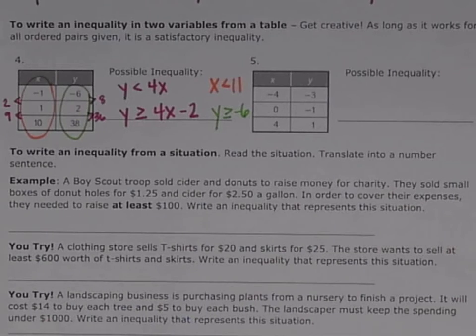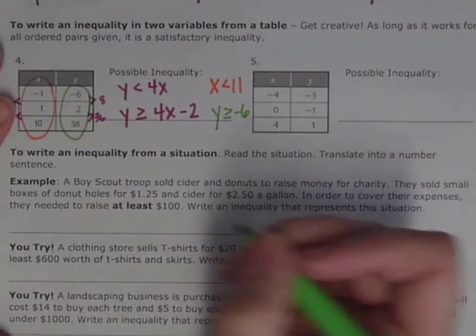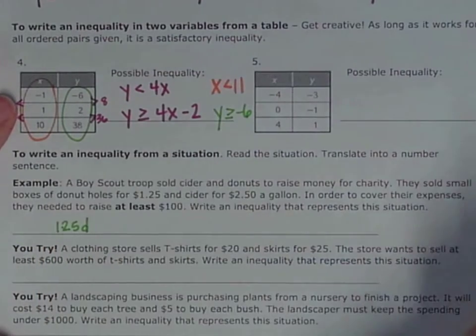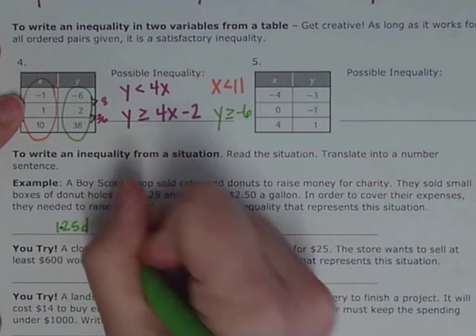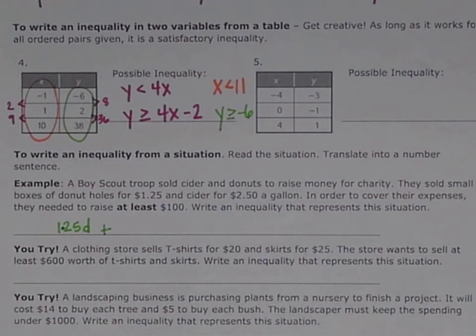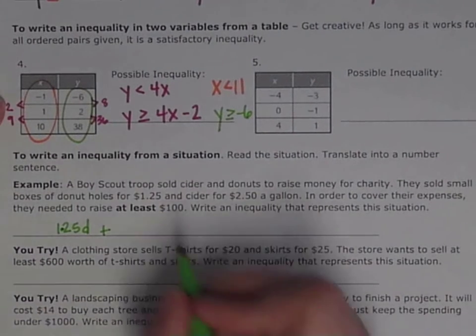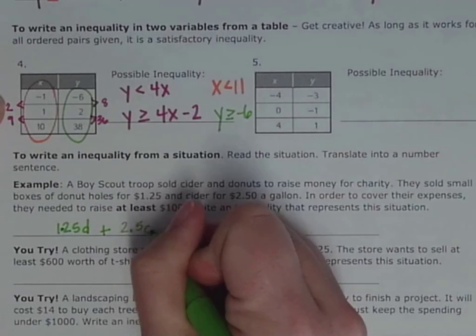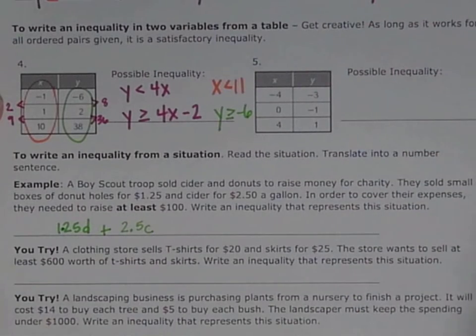Since we have decimals, it's not true standard form. And you could say, okay, well, they're selling $1.25 per box of donut holes, and their cider is $2.50 per gallon. So I used a C for cider.